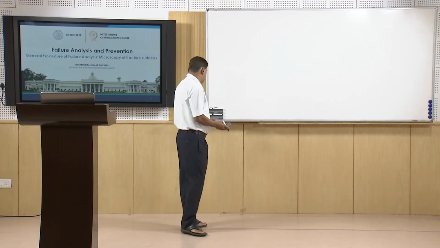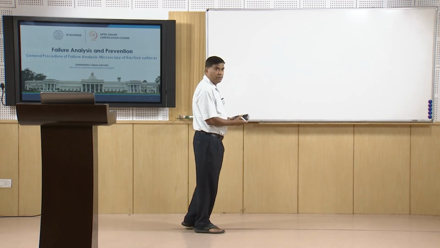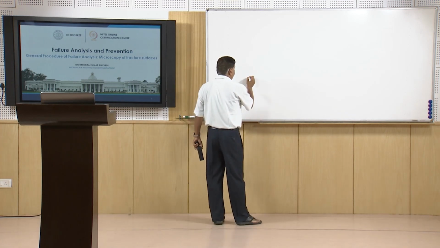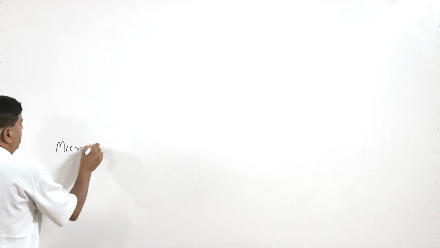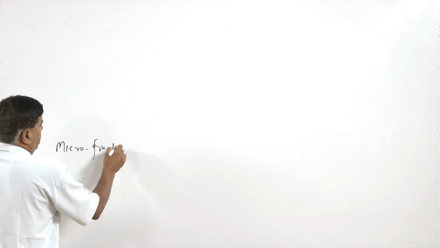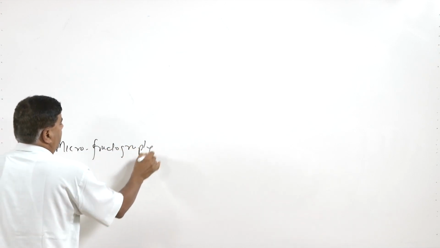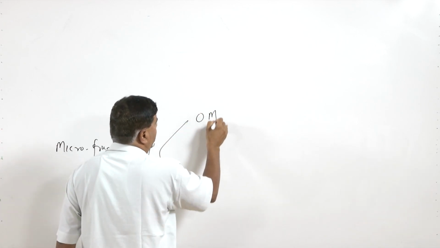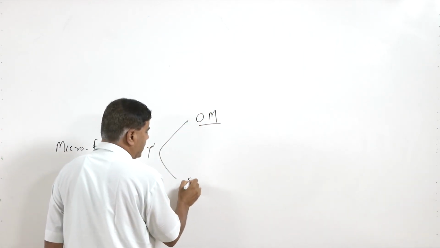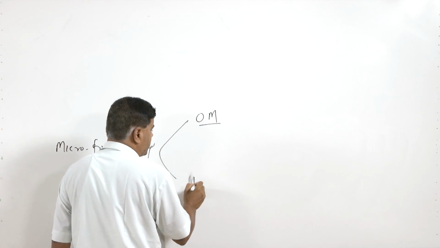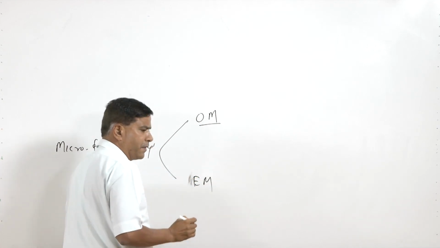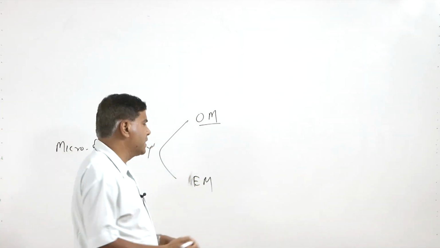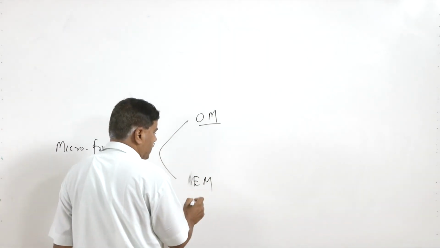Now, how to conduct the microfractography? This is another aspect. There are two ways which are commonly used. One is optical microscopy and another is electron microscopy, where transmission electron microscopy or scanning electron microscopy, both can be used.